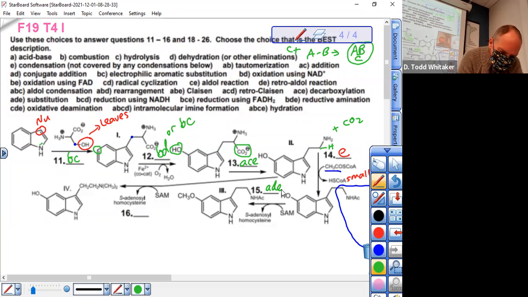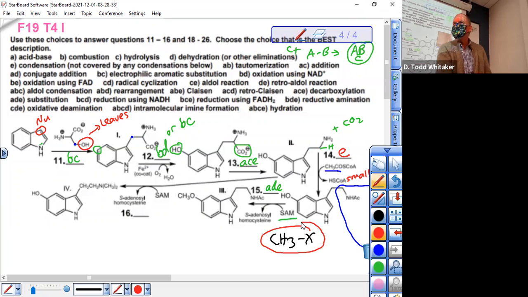SAM is S-adenosylmethionine. And it's kind of like your biochemical CH3X. You see it a lot. Methyl with a leaving group. If you see SAM, that's what you think, okay? And the predominant use of SAM is for nucleophiles to hit that and put a methyl.